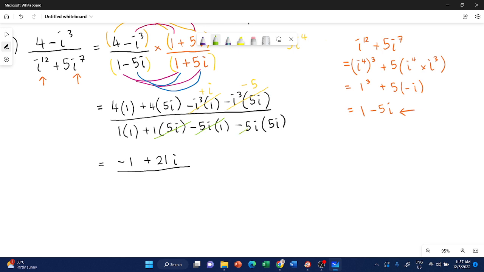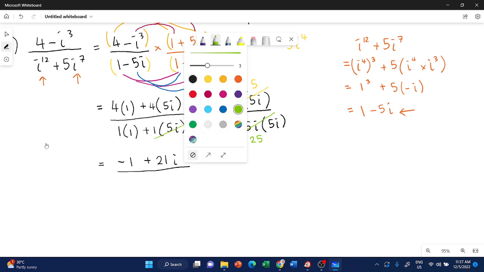So basically this is 25, right? Yes, i squared is negative 1, and here we have negative 5 times 5, so negative 25 multiplied by negative 1. So only 25.